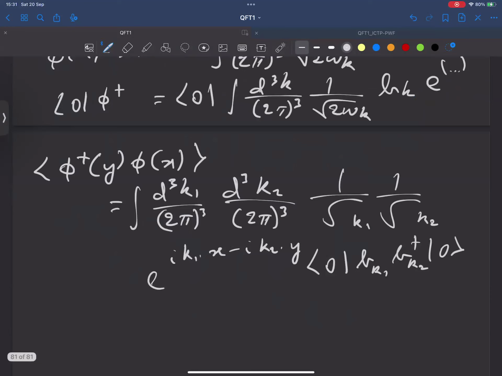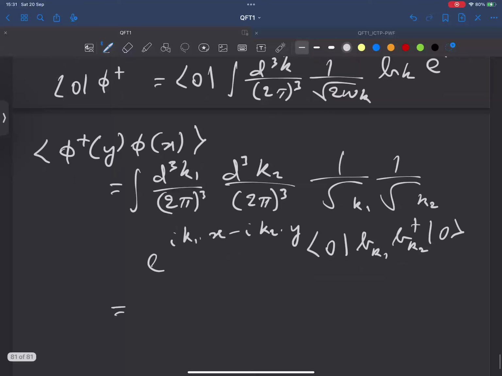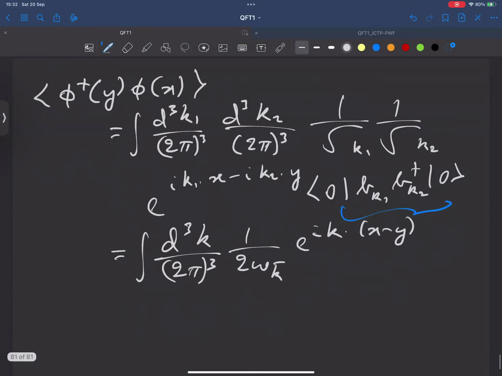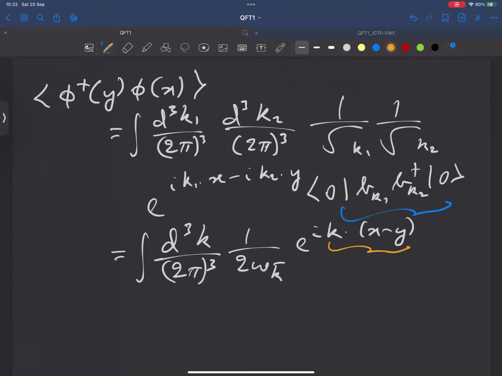Now you can use the explicit commutator relations of the b and b dagger to evaluate this and write it simply as e to the power i k dot (x minus y), where, let me stress again, this is the 4-vector inner product.